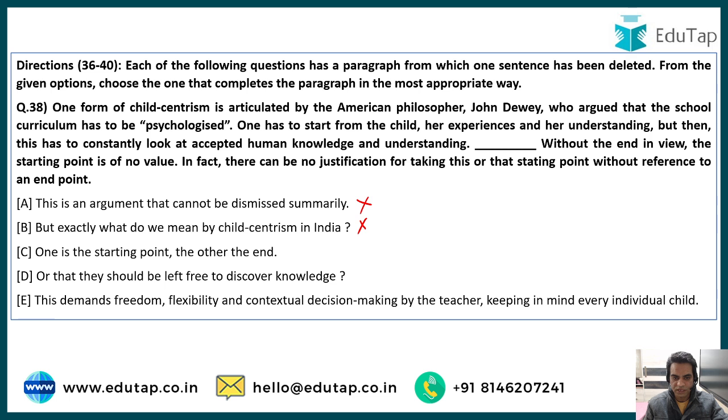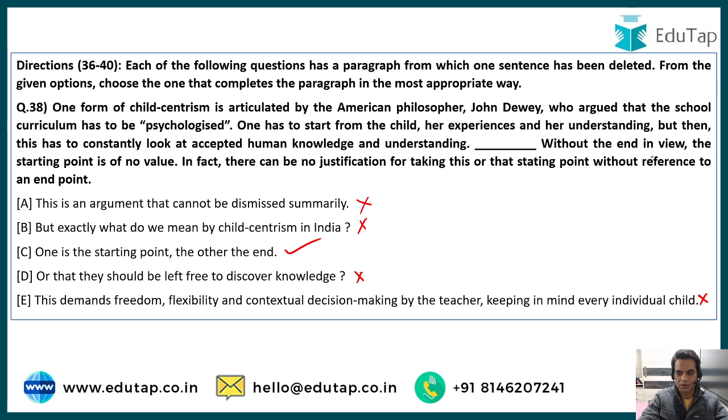One has to start from the child, her experiences, her understanding, but then this has to constantly look at accepted human knowledge and understanding, or they should be left free to discover knowledge. Without the no, guys, we can eliminate option number D as well. This demands freedom, flexibility, and contextual decision making by the teacher, keeping in mind every individual type. No, guys, I think correct option here is option number C.